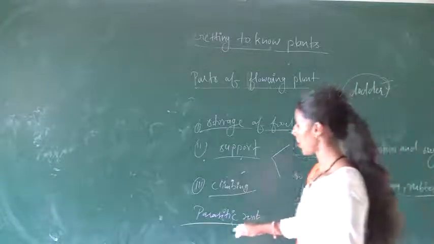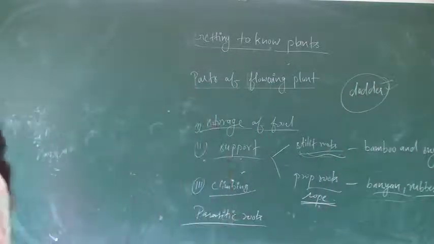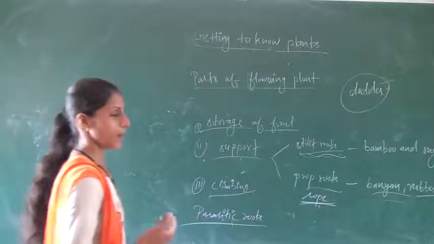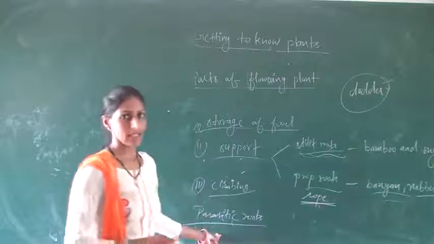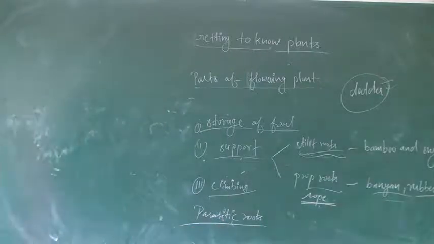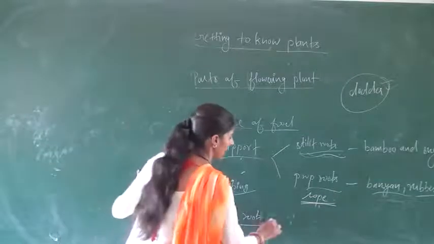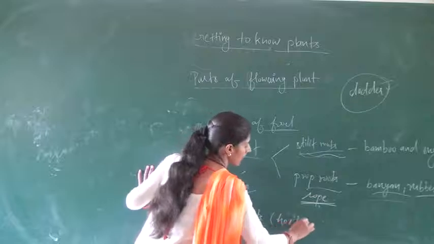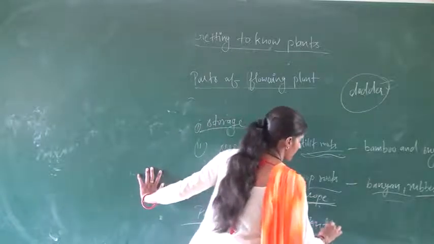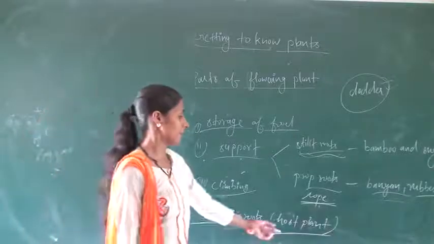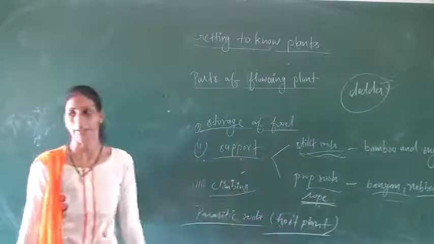These roots are called parasitic roots. Parasitic roots absorb water and minerals with the help of the host plant.